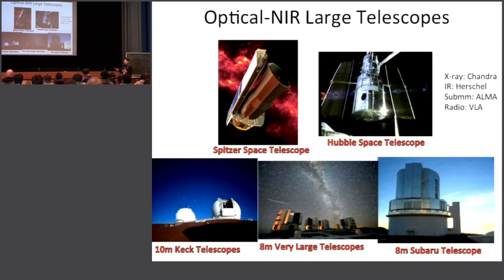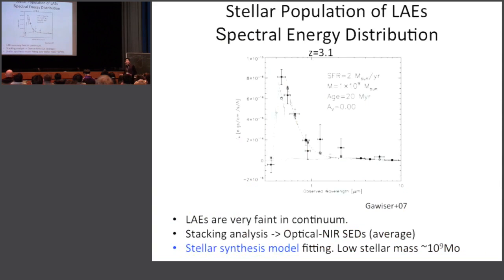Now we have big telescopes, optical to near infrared, even from space. Having these big telescopes, the spectral energy distributions of Lyman-alpha emitters are well measured. This is the earliest measurement of the Lyman-alpha emitter SED for redshift 3.1 LAEs.